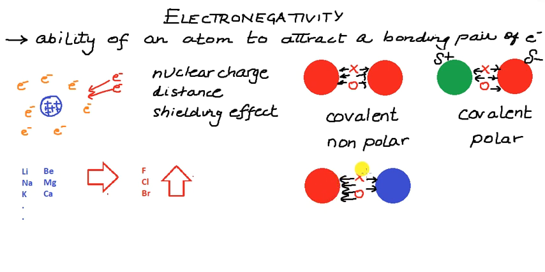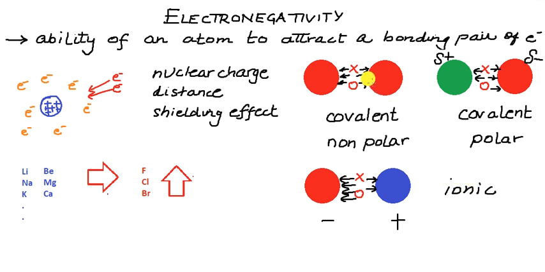It will completely snatch this pair of electrons towards itself to produce a negative ion, and this one will become a positive ion. And as a result, the bond formed will be ionic in nature.